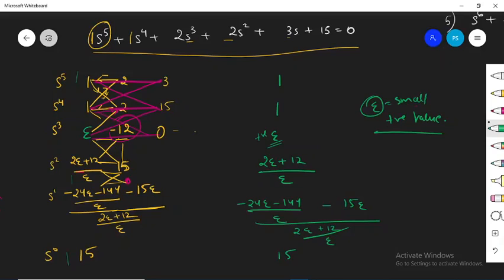Here also you can see 2 into something positive plus 12 divided by something positive, so it will again be positive. Here, what do you think is going to be the case? In the numerator it's minus 24 epsilon, minus 144, minus 15 epsilon. So whatever small value you take, this term is going to be negative in nature. And of course the last term that you are getting will be positive.